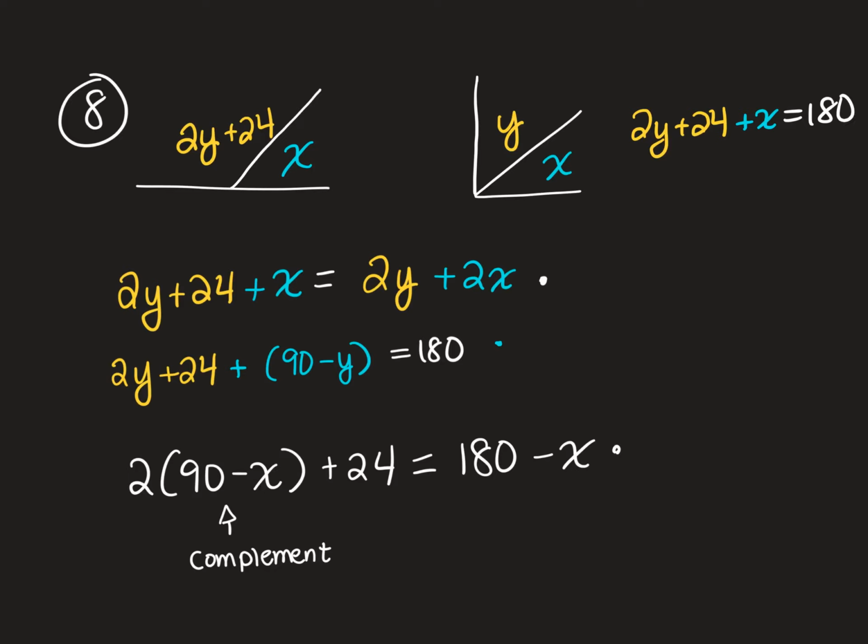And then I would have said y plus x is 90 degrees. And then I would have solved for y or solved for x and substituted it in. And that's exactly what kind of happened here and here. That's the result of substituting in after setting up that system of equations.